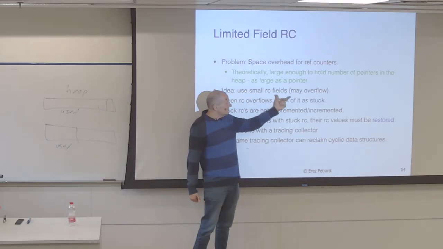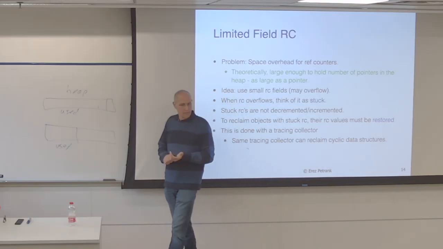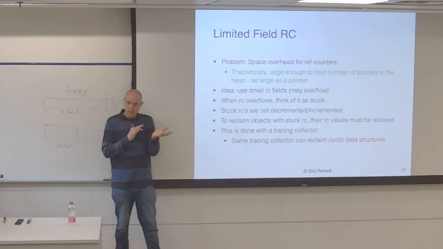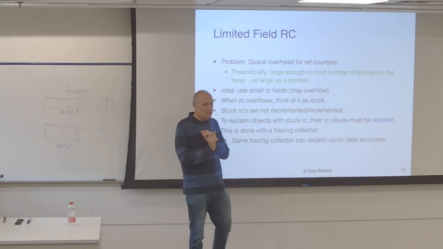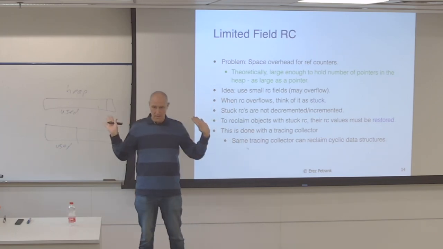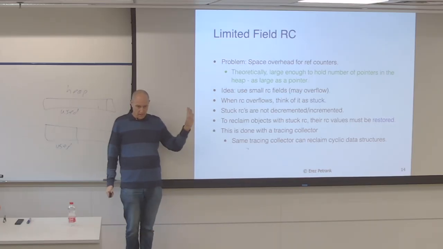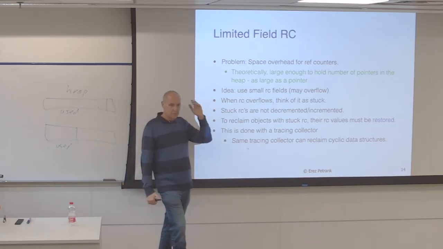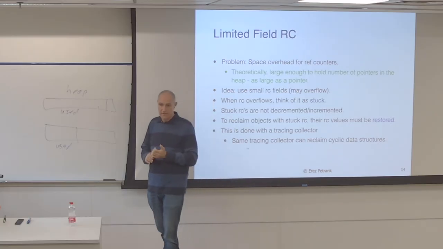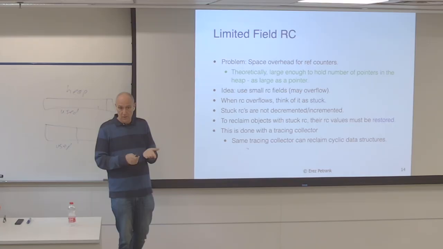But the idea is that most objects do not really have a large reference count. If you look at benchmarks today, about 80% of the objects just have a single reference, so the reference count is 1. And 15% more will have, so like 95% of the objects will have less than 2 pointers pointing to them.